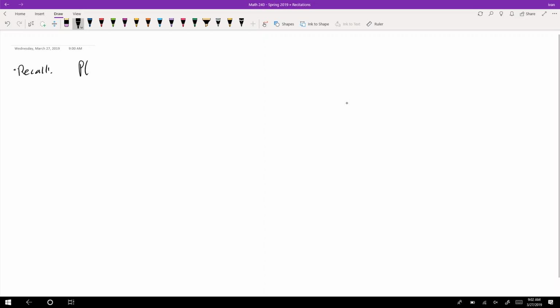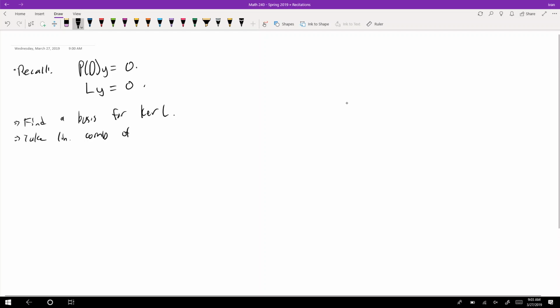So in particular, we did like P(D) of y is equal to 0, or you can think of this as Ly is equal to 0, right? And so how do we do this? Well, we find a basis for the kernel of L, and then after we find the basis for the kernel of L, we take linear combinations of the basis vectors.